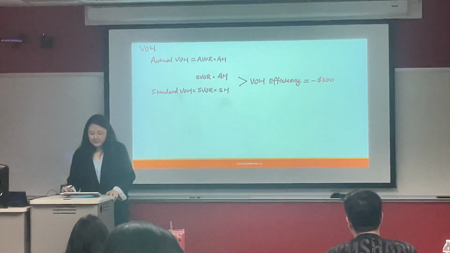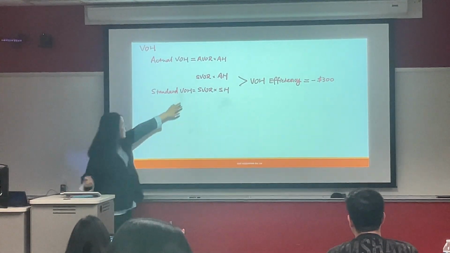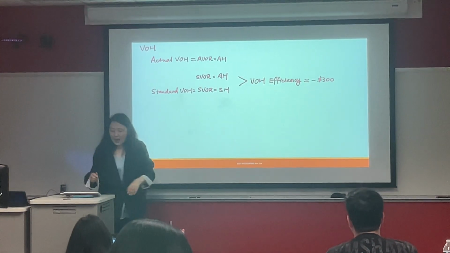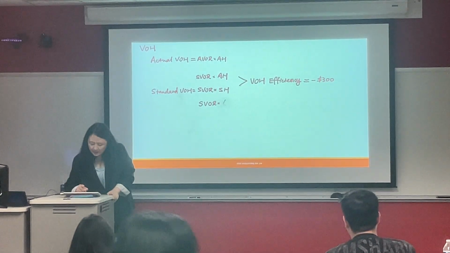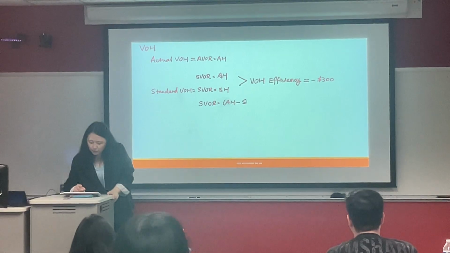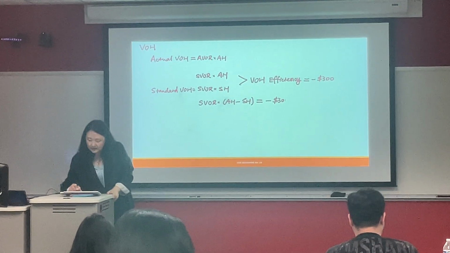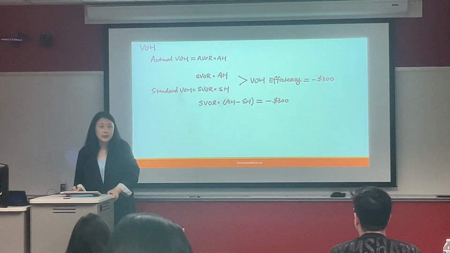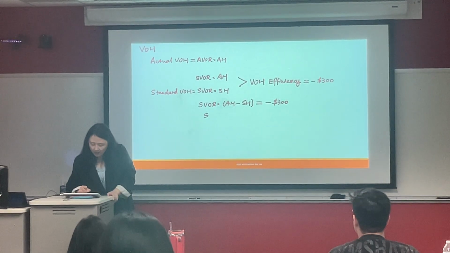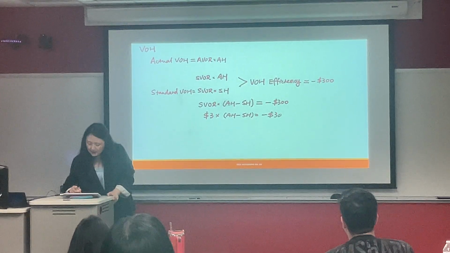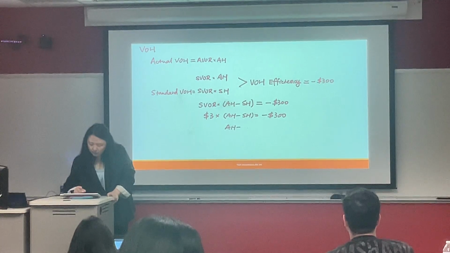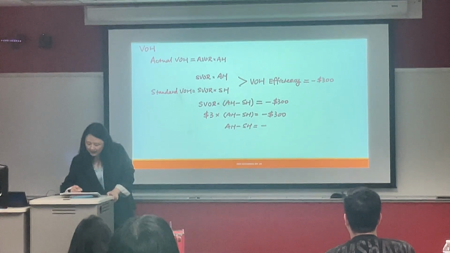The difference is SVOR times AH minus SH. You can use the formula to do this. SVOR is 3, AH minus SH, so that's minus 300, and then actual hour minus standard hour is negative 100.